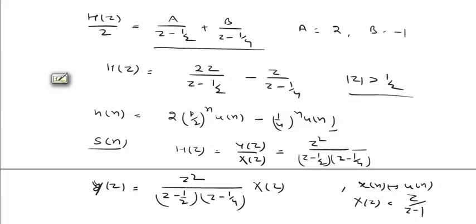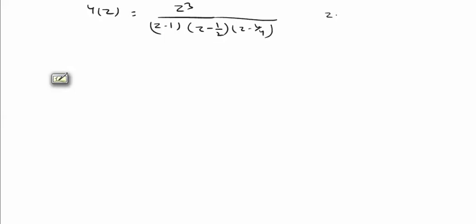We place the value of X(Z) here, and Y(Z) equals Z square times Z over Z minus 1, Z minus 1/2, Z minus 1/4, with Z greater than 1.